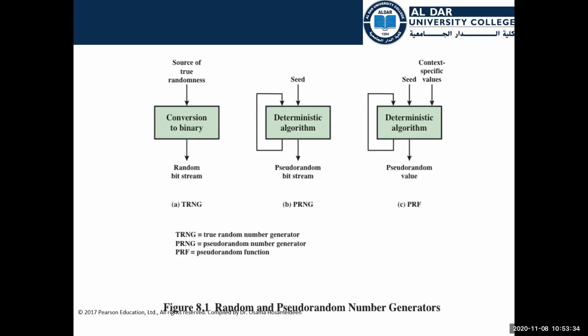The difference between the PRNG and the PRF is only that PRF creates a specific length bit stream, or creates segments of bit streams, but this one creates an endless sequence of bit stream. These are the main difference between the PRNG and PRF.